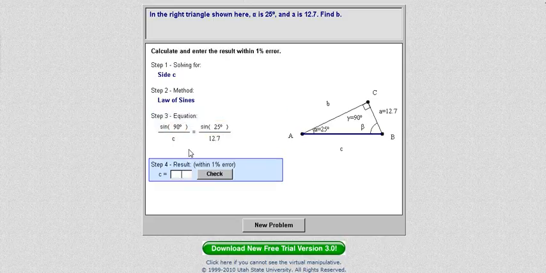So sine of 90 degrees again is 1, so I have 12.7 is equal to sine of 25 degrees times c. So c would be equal to 12.7 divided by the sine of 25 degrees.